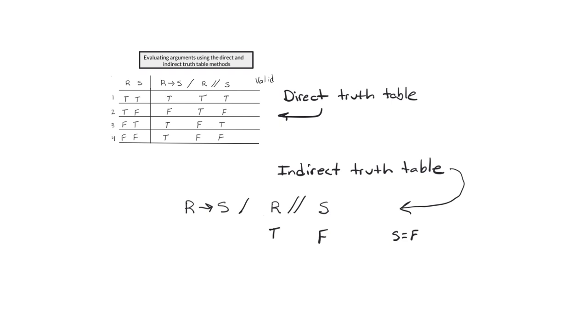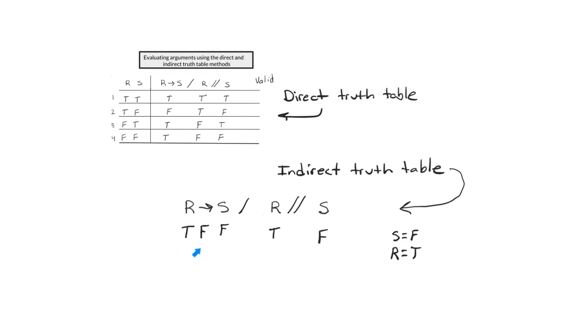Now, both premises would need to be true for this argument to be invalid. So R would need to be true. So R is locked in as true. So now we need to see if we can apply those same truth values for R and S to the conditional. Here we're locked in with R being true, but S is false, which means there's no way that this argument can have all true premises and a false conclusion, because it would at least have to have the conclusion false and this premise true.